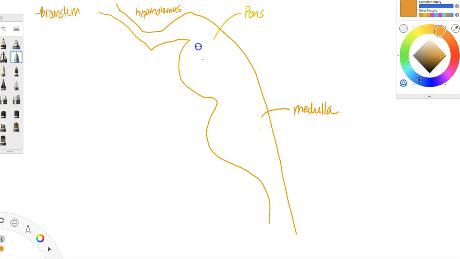There are little nuclei here, little places where there's nerves coming out. And there's two little areas or nuclei areas in the pons and two in the medulla.